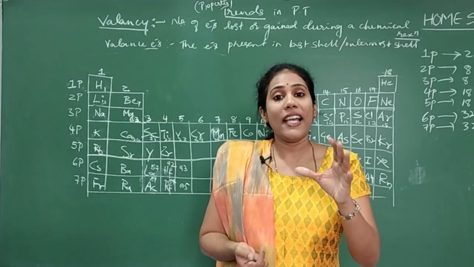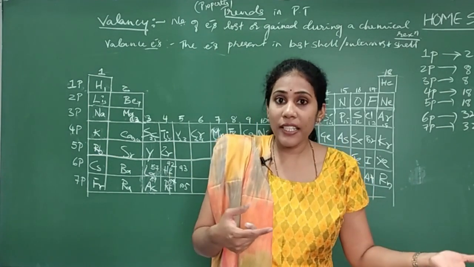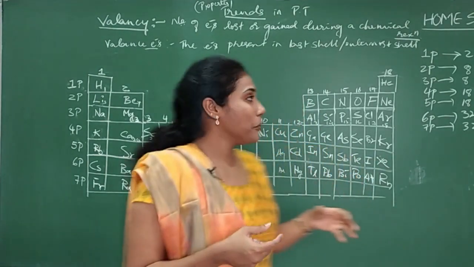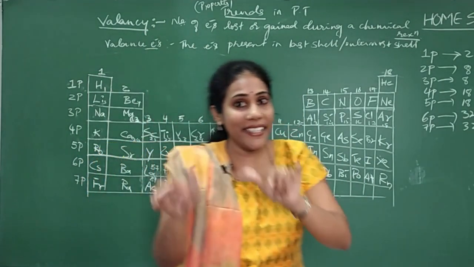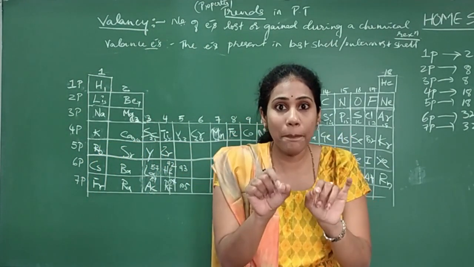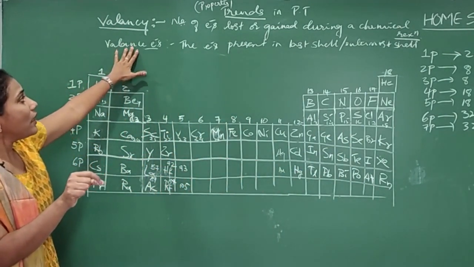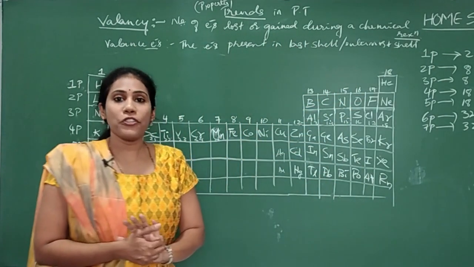That valency you can find out with the help of valence electrons, the electrons present in the last shell or outermost shell.